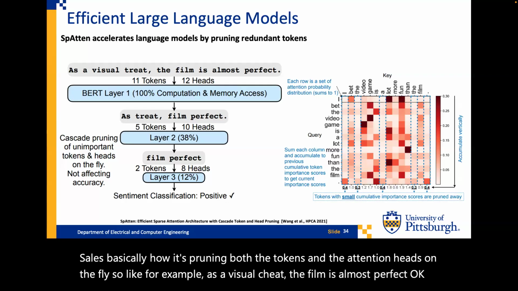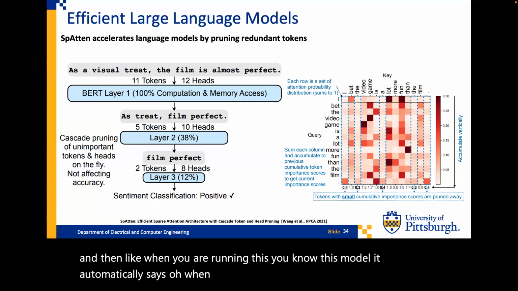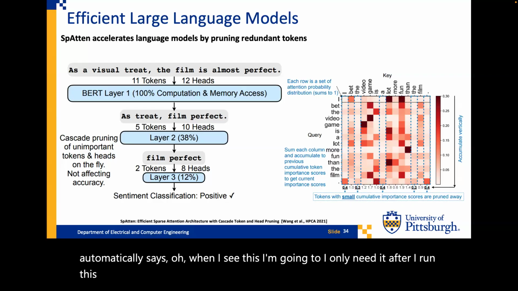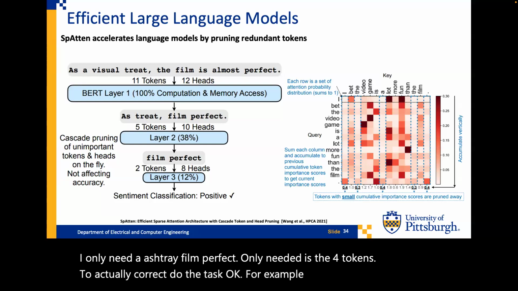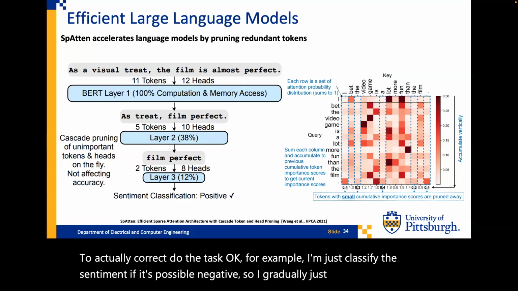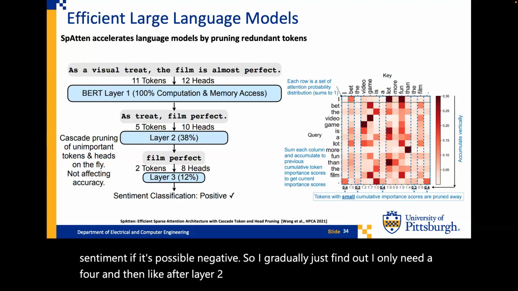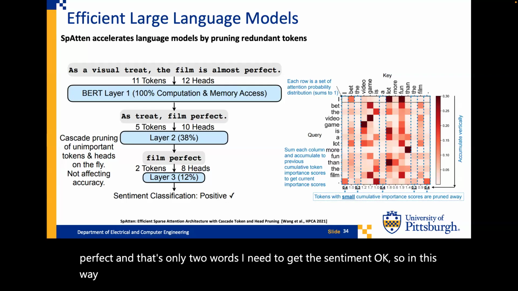When you run this model, after I run the first layer, I find out I only need 'visual treat, film, perfect', only these 4 tokens to do the task, for example to classify the sentiment as positive or negative. And then after layer 2, I find out I only need 2, 'film' and 'perfect', and those are the only 2 words I need to get the sentiment. So in this way, for each layer, you process less and less computation.